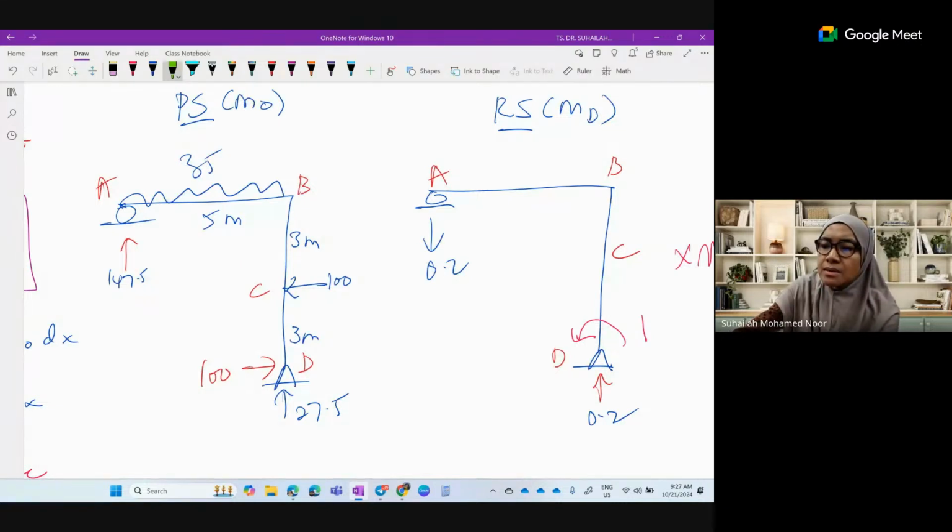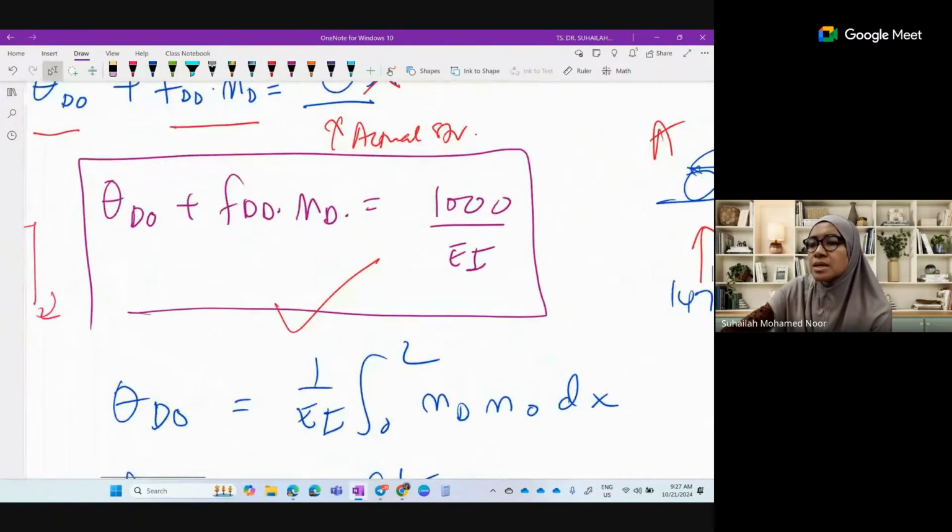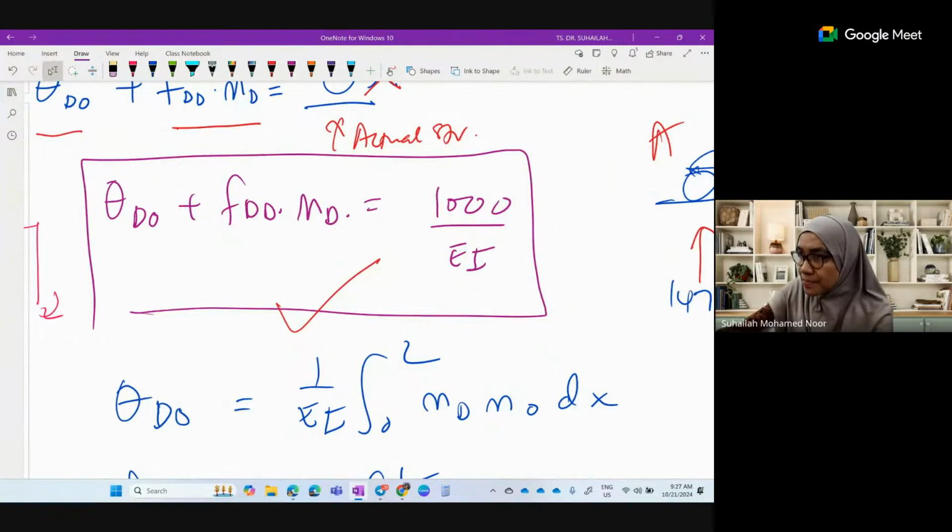Okay, kita punya guidance is actually the compatibility equation, right? We must know that. Because kita nak redundant kan? How to get redundant? So by solving compatibility equation. So compatibility equation tu dah cukup jadi kita punya guide.